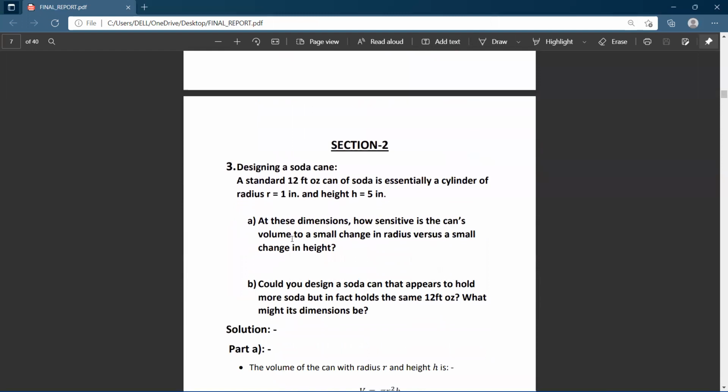Now for section 2, designing a soda can. A standard 12 FL OZ, which is the full form of fluid ounces, soda can is initially a cylinder of radius r equal to 1 inch and height h equal to 5 inch.